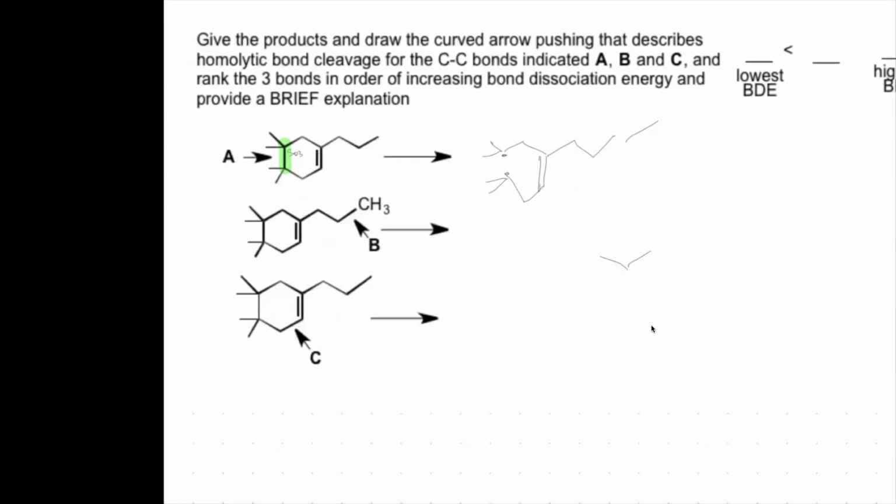It would be broken here, so we're worried about this one right here. But this is also an sp3, and this bond we're attached to here and here, so this is an sp3 because we have two hydrogens, 1, 2, 3, 4, and this is an sp2, right?